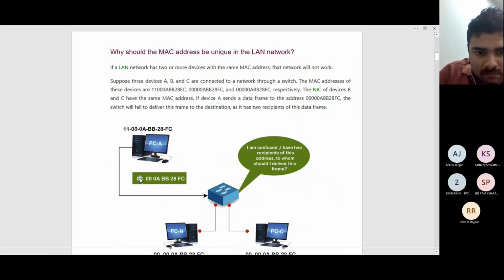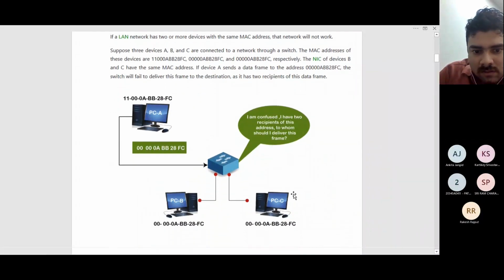You see the diagram: PCA, PCB, PCC. See the layer 2 switch.